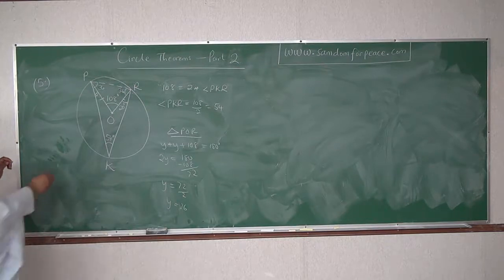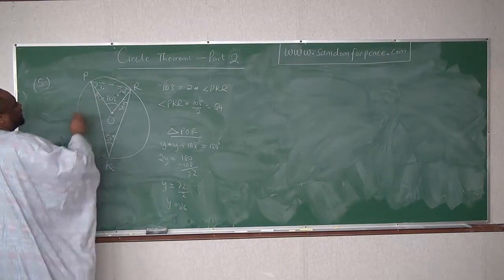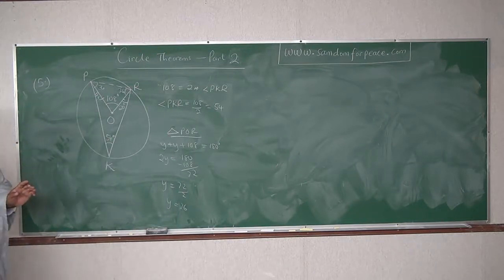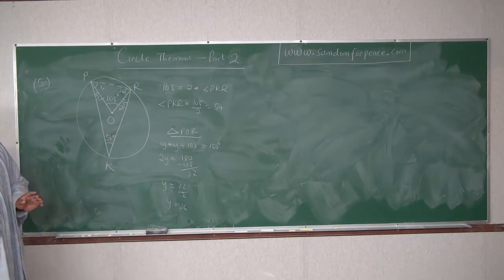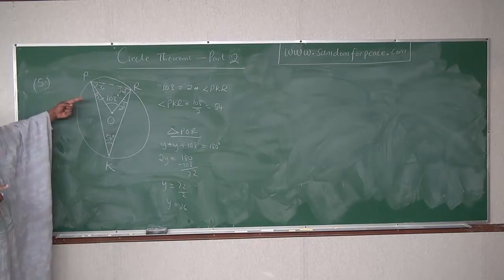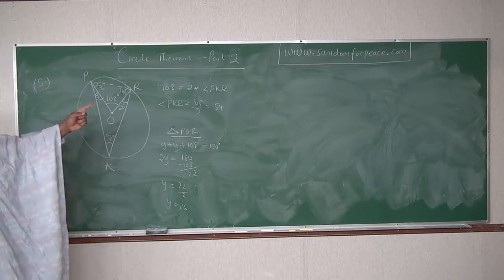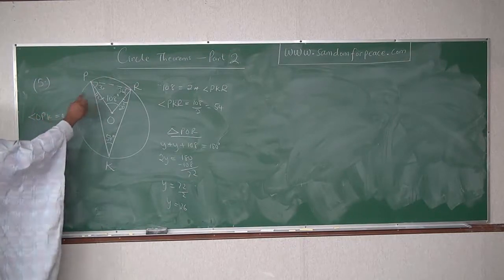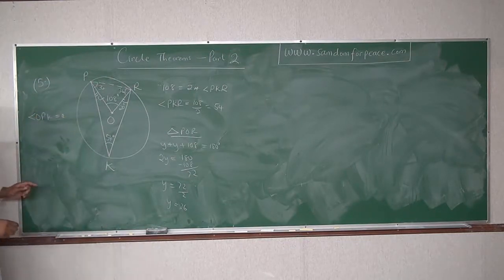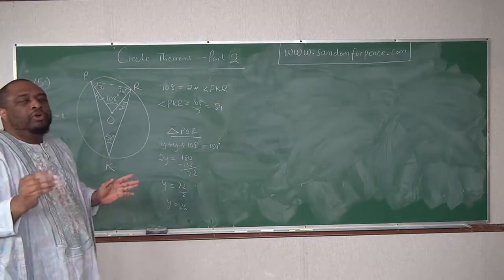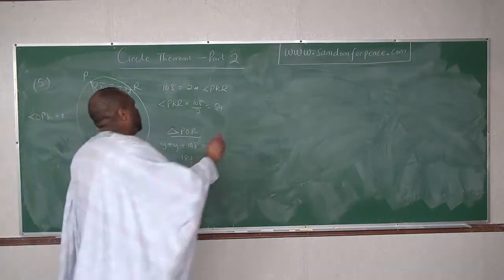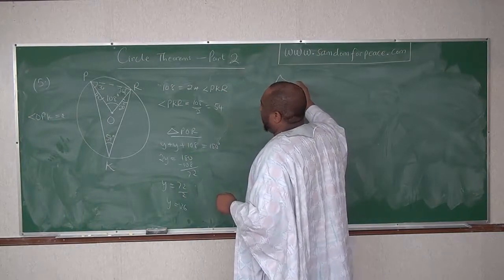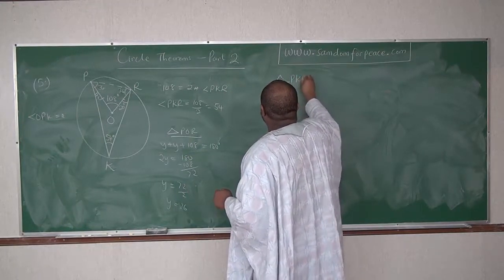Okay, so let's call this one x, like what we want to find. We are asked to find angle OPK. So let's call it x. So now we are going to consider triangle PKR this time.